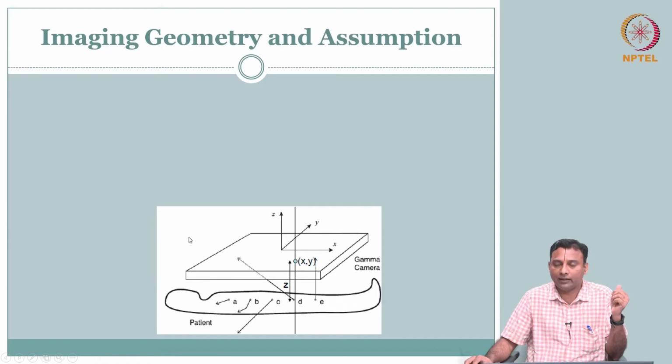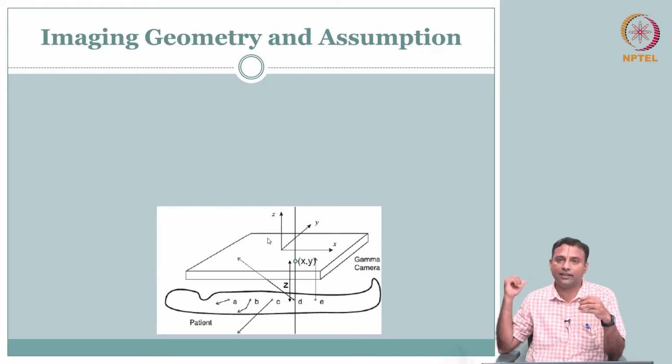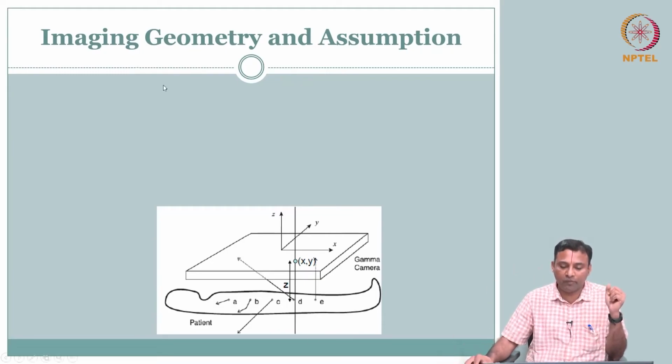As discussed so far, it is probably very evident that unlike your X-ray projection radiography, where the object was there, the source was on one side, and the detector was on the other side, here the major change in the geometry is that your source is inside the object.